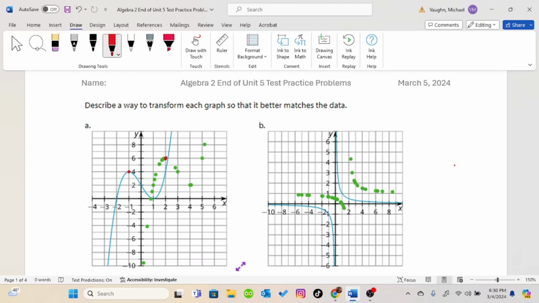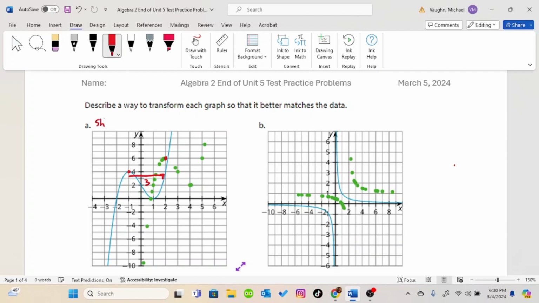And then you're trying to describe how you would move the first point on the blue line to get it to where the second point is on the green data points. So we can see that we need to go from x equals -1 and shift right 3 units to x equals 2.